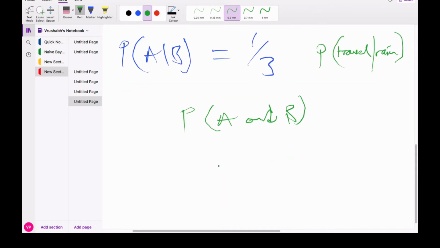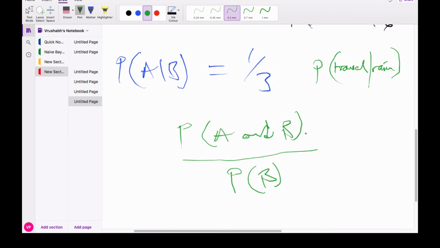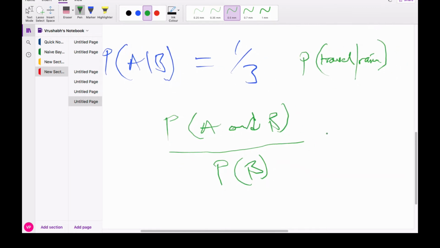Now, if we are giving it a condition that we already have B, which has happened, then it's going to give us a new probability, which we ended up getting like this.